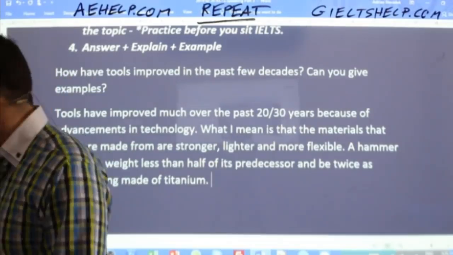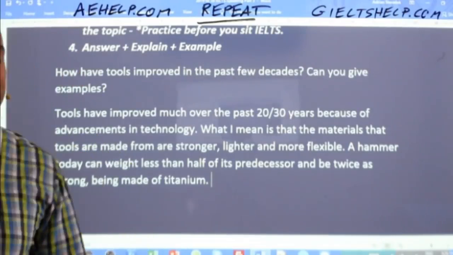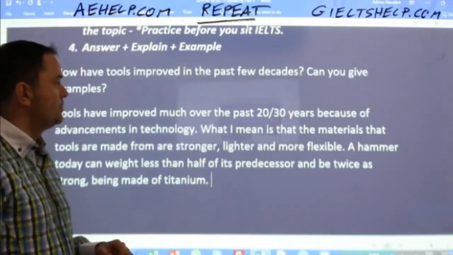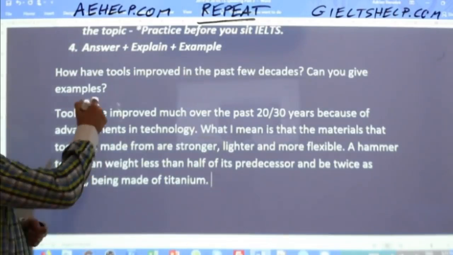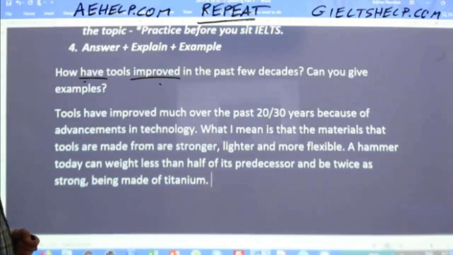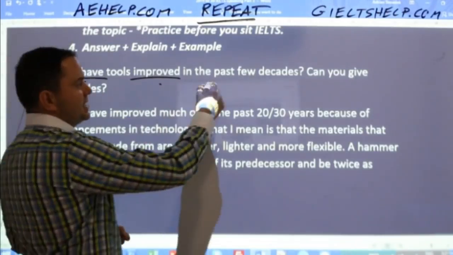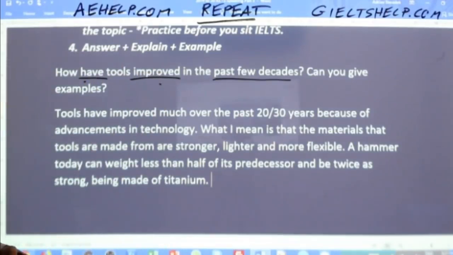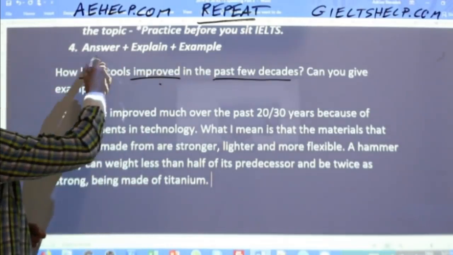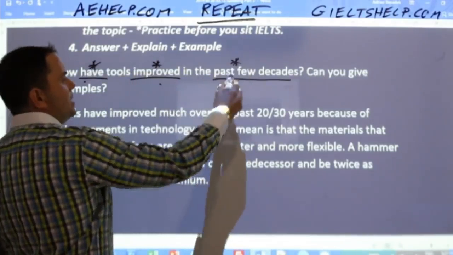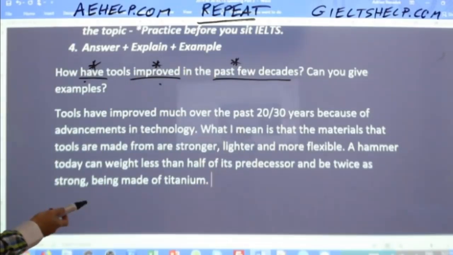Okay, so what's important to notice in my response? So what is it that makes this a good response? First of all, notice that the question is present perfect, have improved. And the question is asking past few decades. Okay, so I want to answer with this in mind right at the beginning.